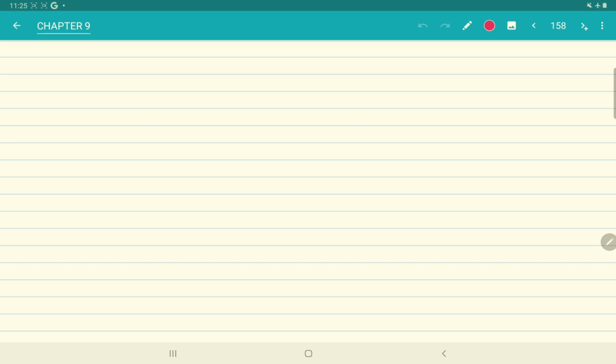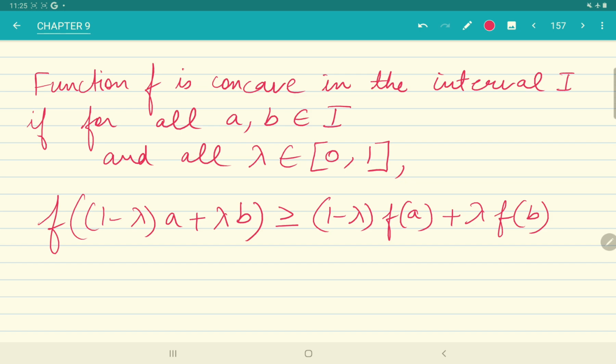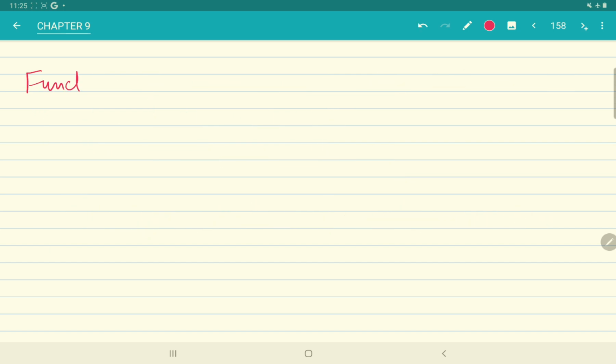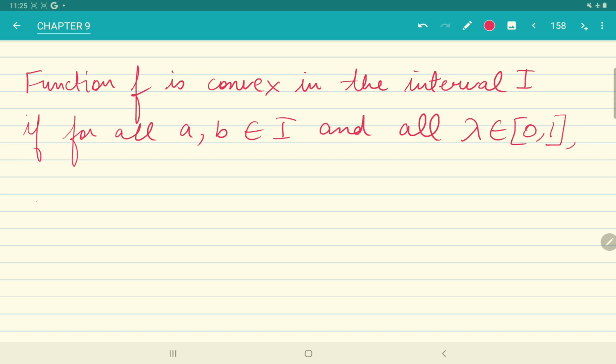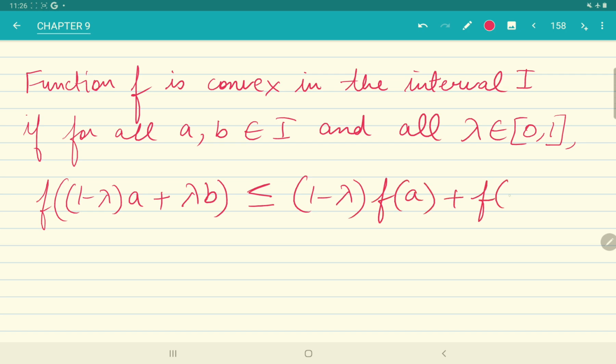That means if I want to think of the case when the function is convex, I just have to reverse this sign, and that means I can write function f is convex in the interval I if for all a, b belonging to I and all lambda belonging to 0 to 1, we have f of (1 minus lambda) a plus lambda b less than or equal to (1 minus lambda) f of a plus lambda f of b. And we can also think about it intuitively in both cases.